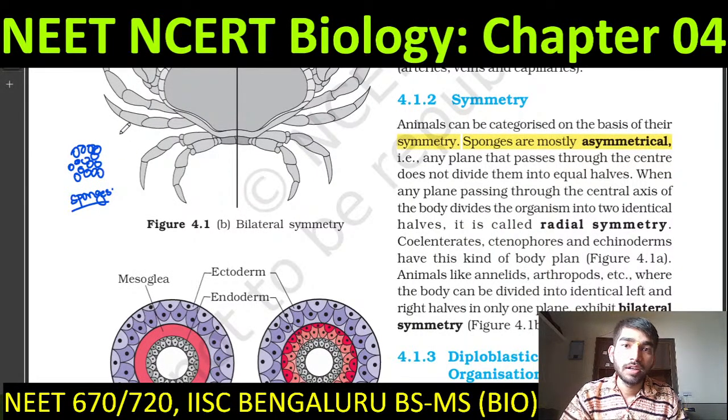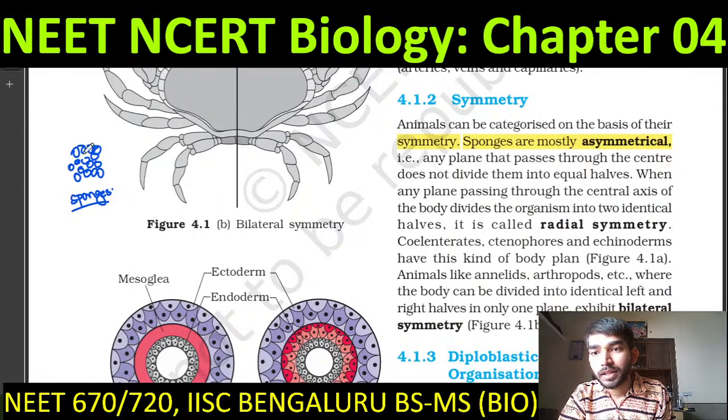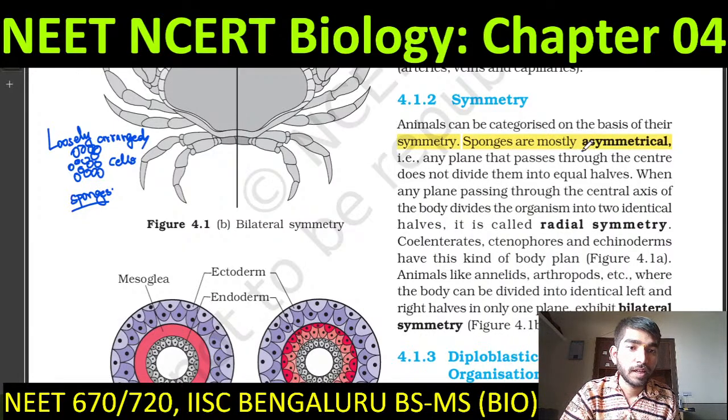There is no proper symmetrical pattern followed in arranging the cells because it is loosely arranged, and because of that there is a lack of symmetry. Hence, it will be termed as asymmetrical. That is, any plane that passes through the center does not divide them into equal halves. So this is a very easy to remember example of an asymmetrical organism.